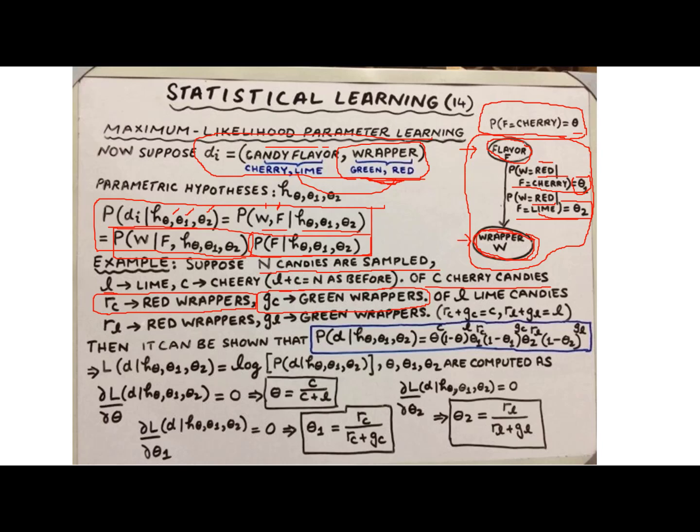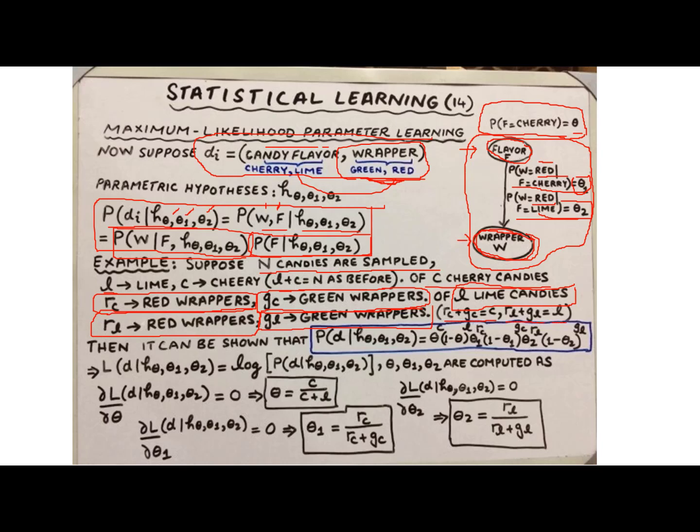And of the L lime candies that we have sampled from the bag, as many as RL number of candies had red wrapper, and as many as GL number of lime candies had the green wrappers, so that RC plus GC is equal to C and RL plus GL equals L.